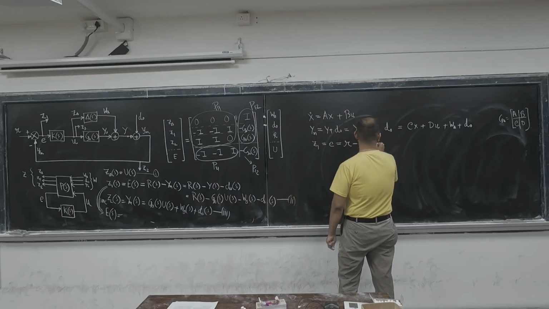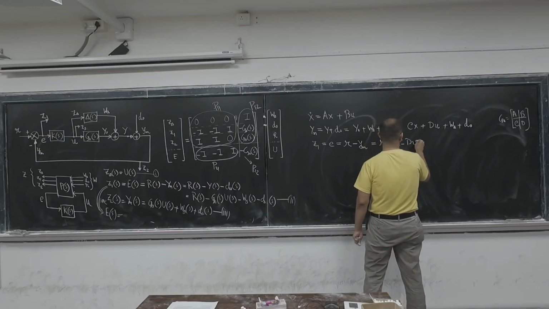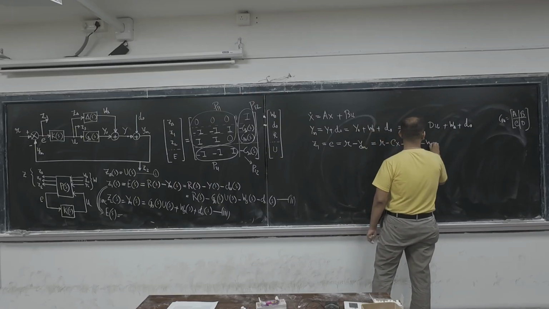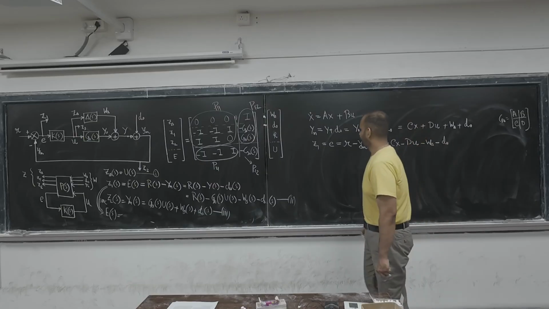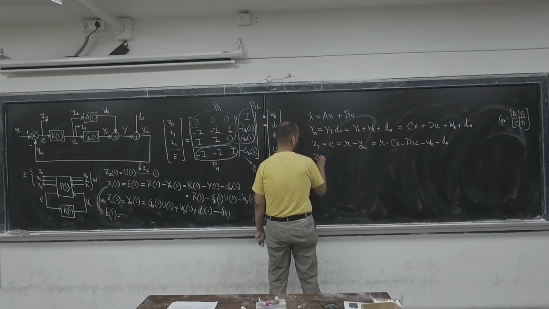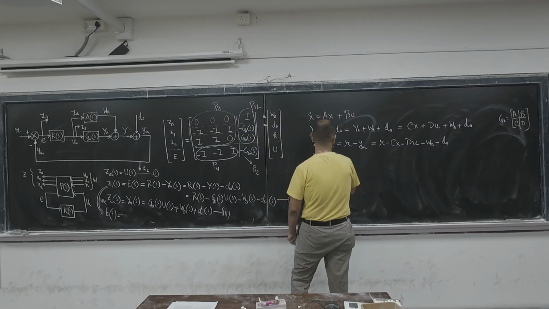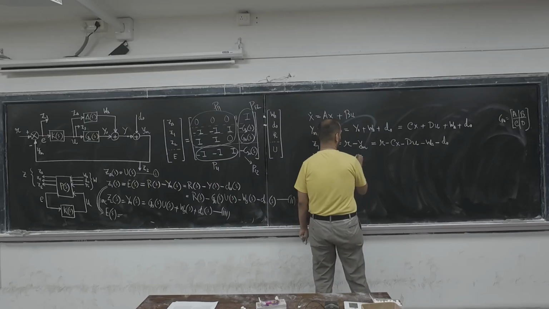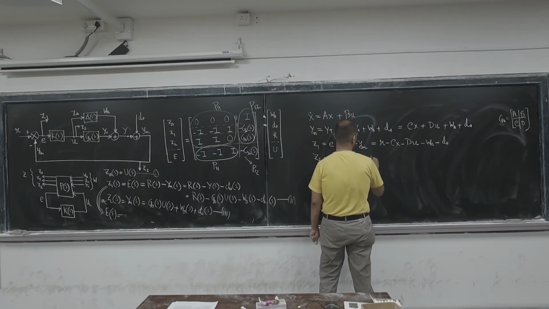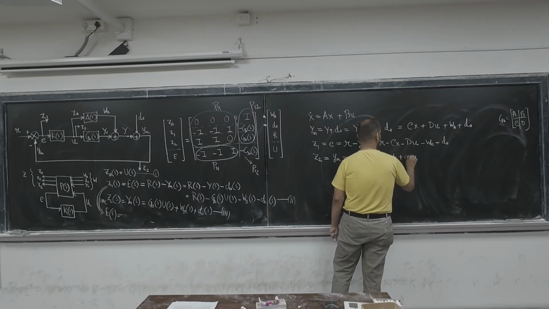R minus ym means R minus Cx minus Du minus W delta minus d0. Z2 is ym: Cx plus Du plus W delta plus d0.